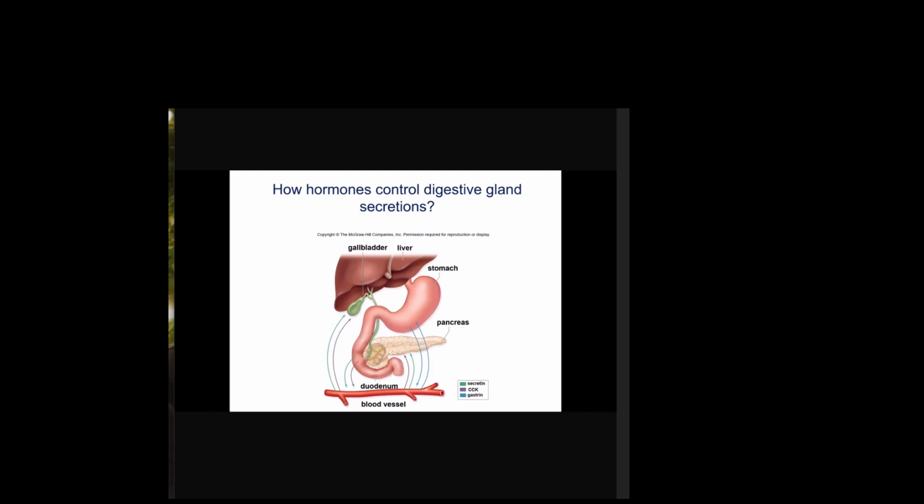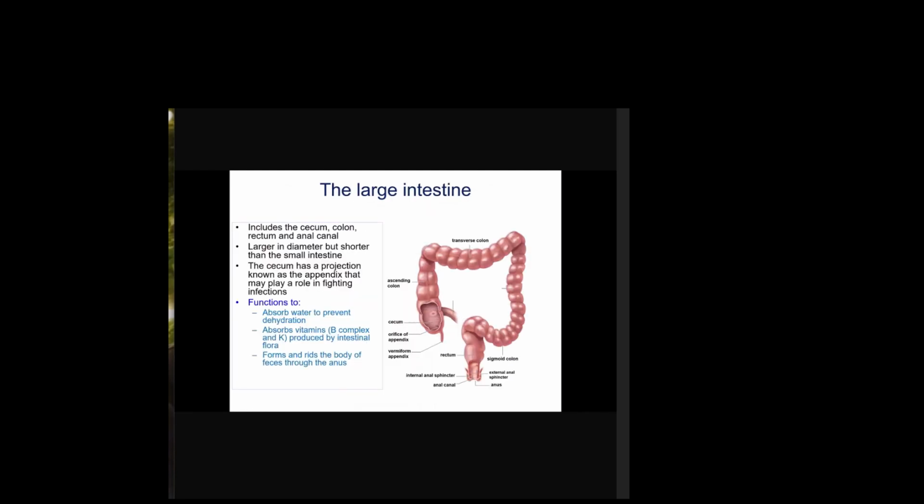And then when their effect has been done, it also signals and tells them to stop. So you would have things like secretin, cholecystokinin, gastrin. All of those are signaling molecules that would drive some of the activity of these various organs.